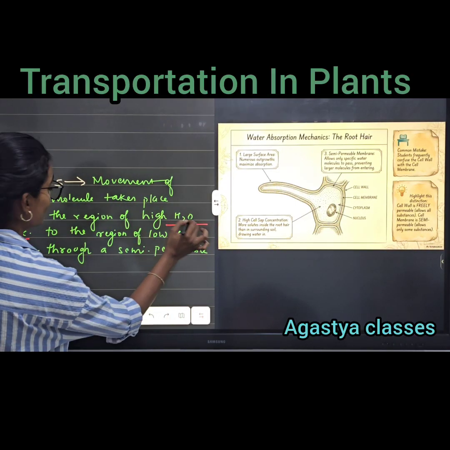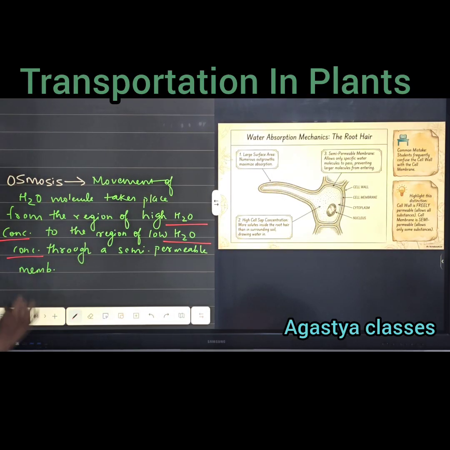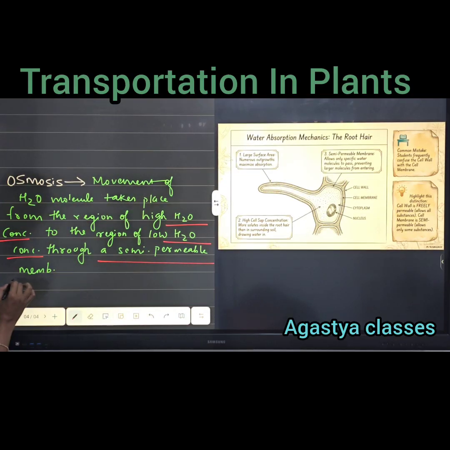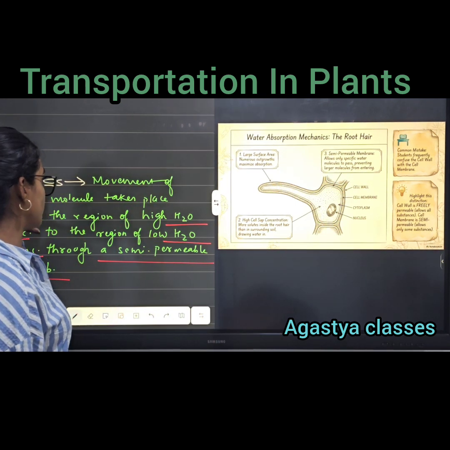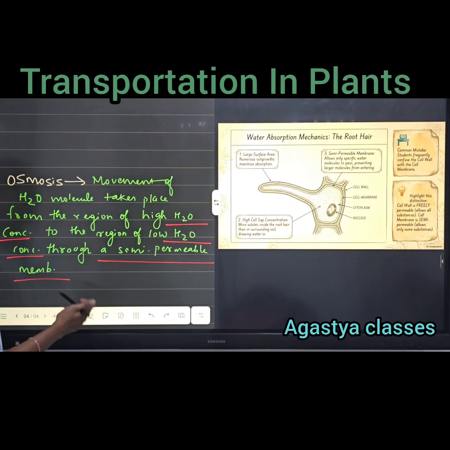What is important? High water concentration to the region of low water concentration. Again, the next important word is semi-permeable membrane. These three are the important words whenever you are talking about the definition of osmosis. If you are writing this definition, make sure you are underlining these keywords.